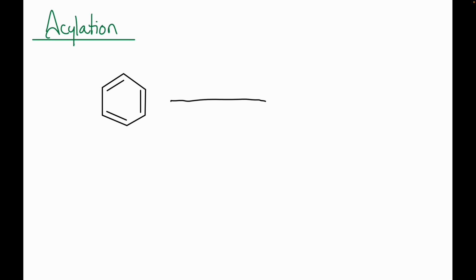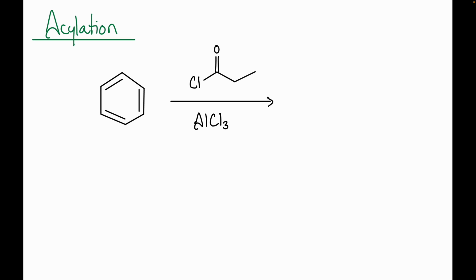Instead of using an alkyl halide, it's going to use what's called an acyl halide, which is when you have that halogen bound to a carbonyl carbon. You again use that same aluminum chloride catalyst. This will again create a carbon-carbon bond, but specifically to that carbonyl carbon. In this case, I've got 3 carbons on the end here, but importantly, my new bond is between benzene and that carbonyl carbon.